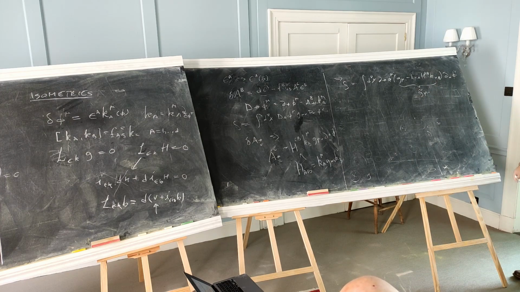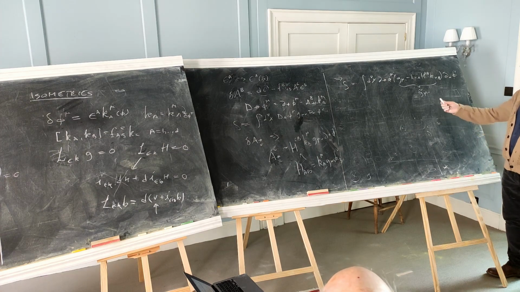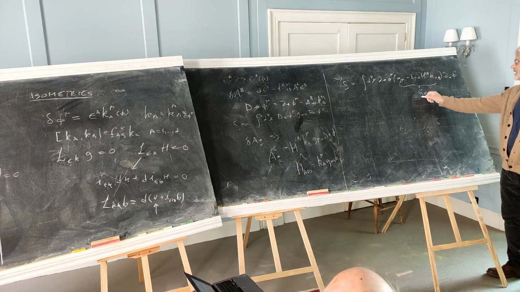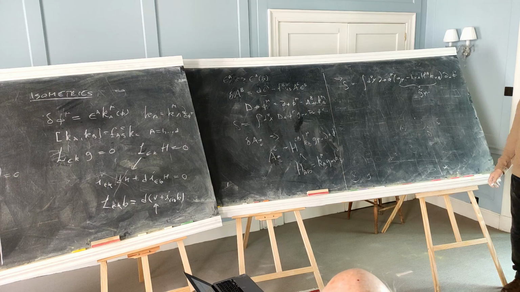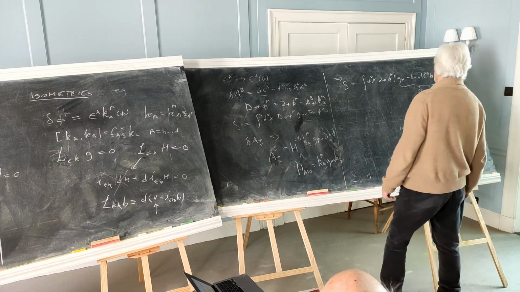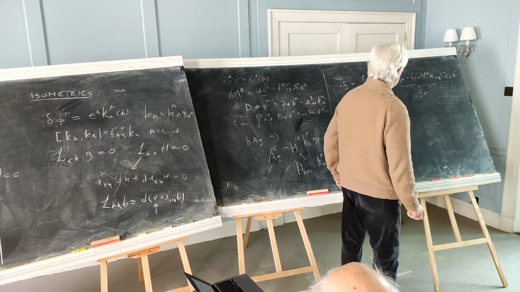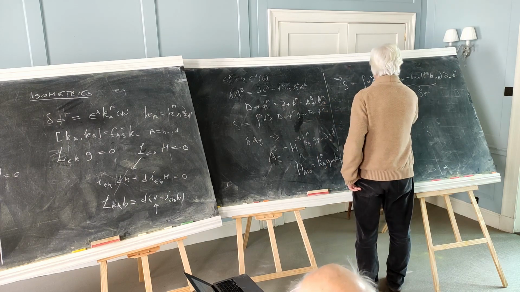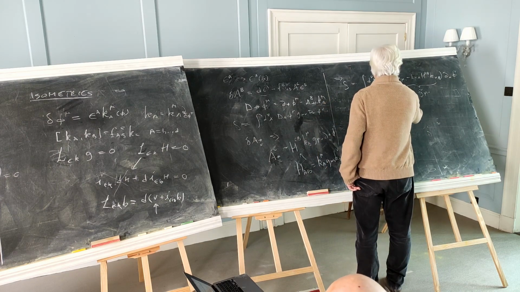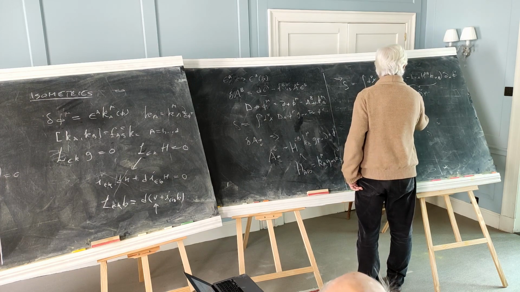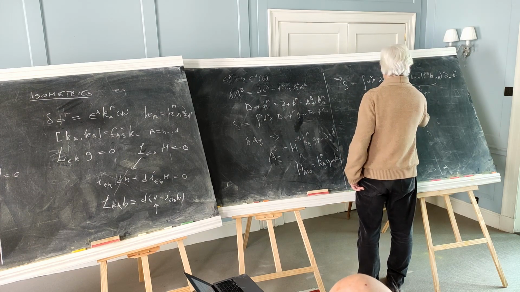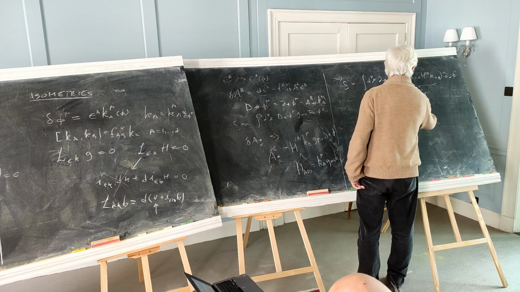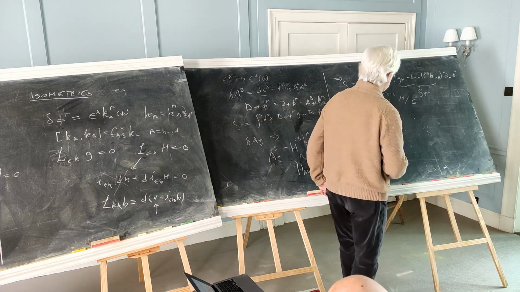This is the metric on the quotient space, because this metric only sees the orbits of the isometry. So if we call the manifold M and the isometry group G, it's the metric on M over G.